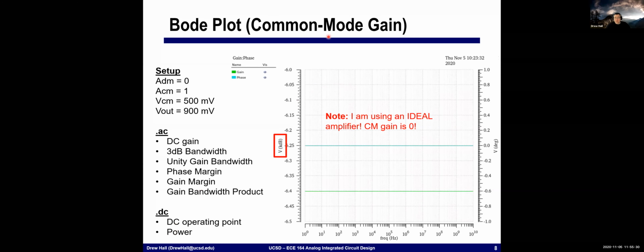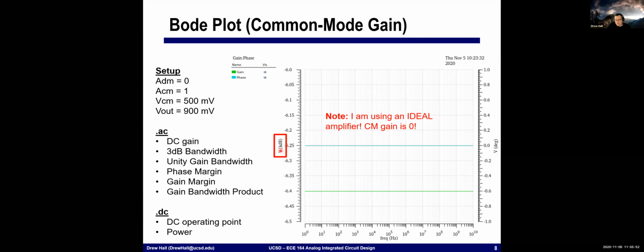If I wanted to simulate the common mode gain, I would change ADM to 0, set ACM to 1, okay? And then I could again find all of these parameters, and then I'm showing the result over here. The caveat being that my amplifier is ideal, and so it has common mode gain of 0.